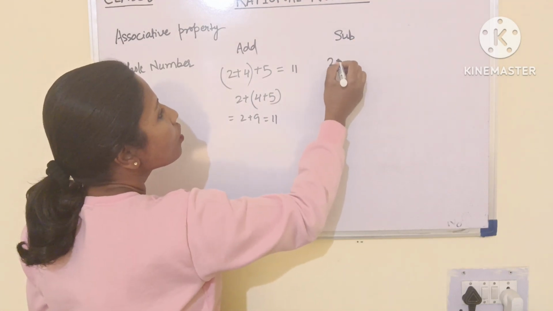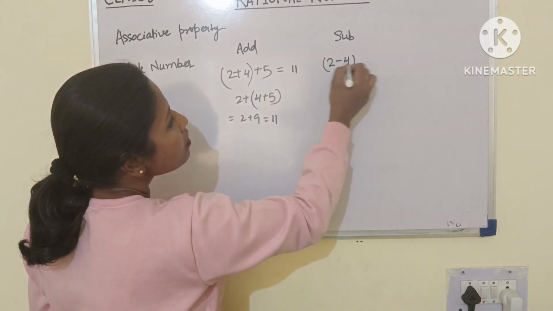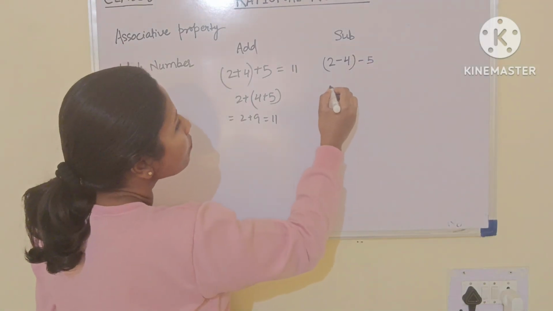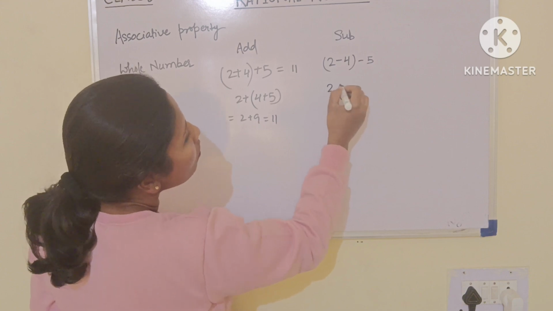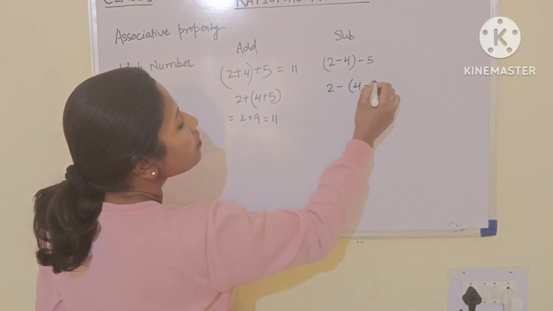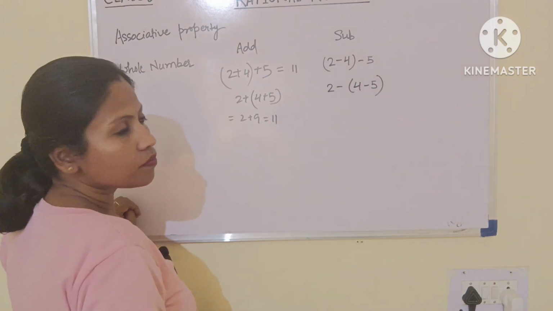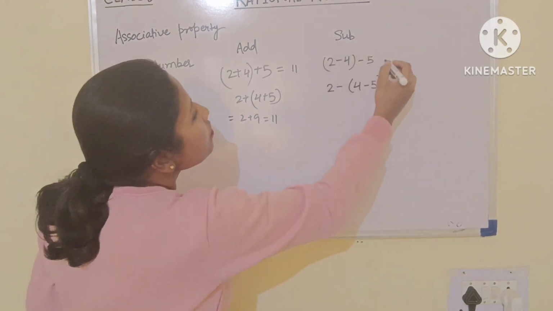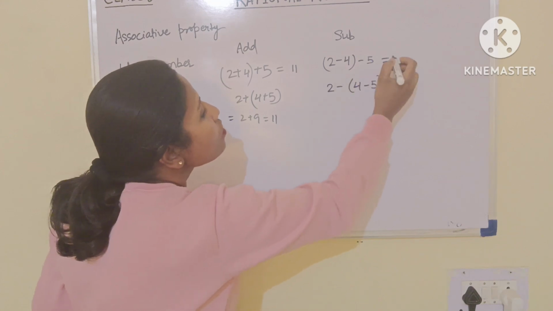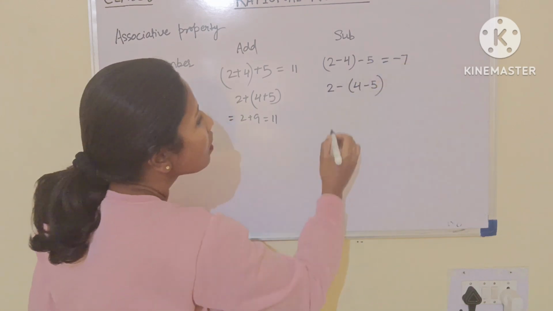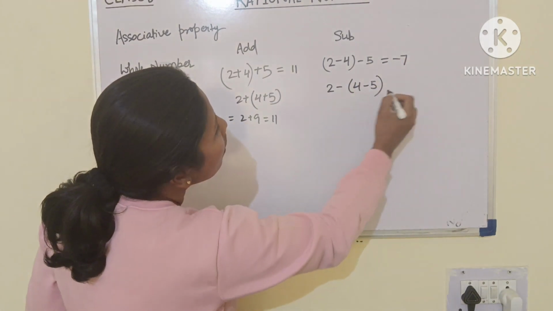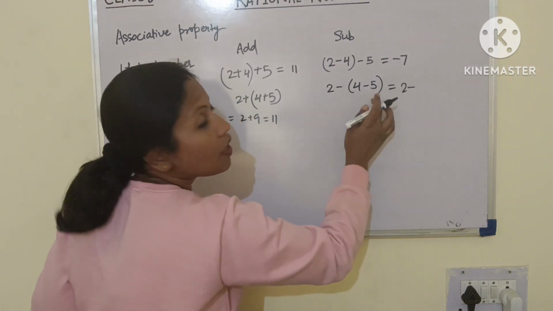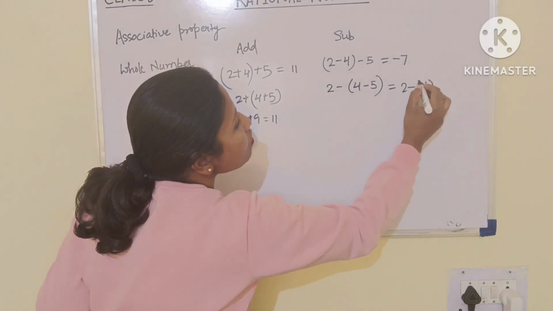Let's talk about subtraction. Let's take 2 minus 4 minus 5, and let's do the other grouping of 2 minus 4 minus 5. So 2 minus 4 is minus 2, and minus 5 is minus 7. Here 2 minus of 4 minus 5, that is 2 minus of minus 1.